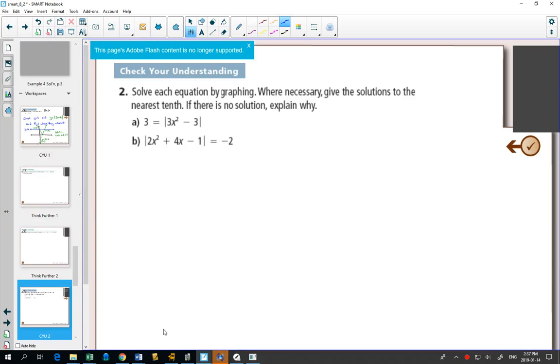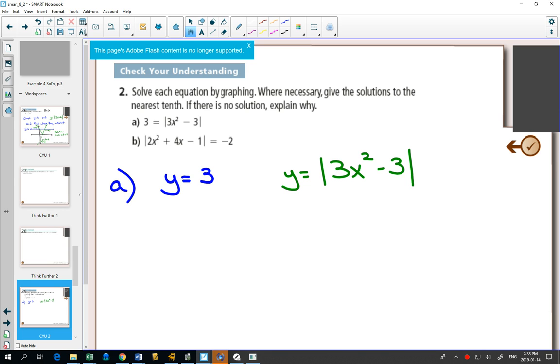Just like example 1, this says solve each by graphing. So the two things you're going to graph are y equals 3, because that's the left side of your equation, and y equals the absolute value of 3x squared minus 3.